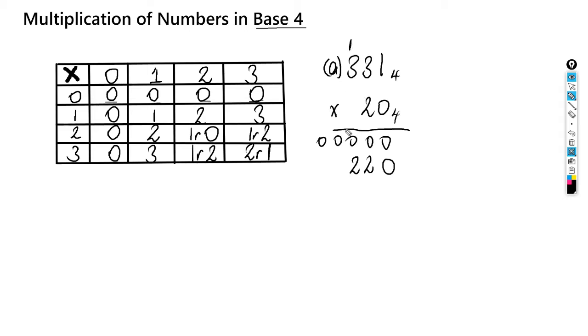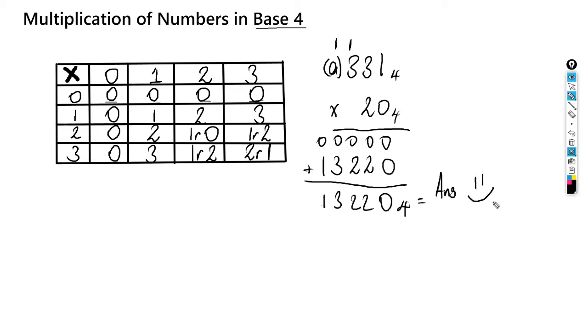So that would be 1 remainder 3. Then there's nothing else multiplied. So you're just going to get 1 here. 1, 3, 2, 2, 0, right? Okay, so if we add those both lines, clearly we're just going to get 1, 3, 2, 2, 0 to the base 4, and that's the answer, all right?